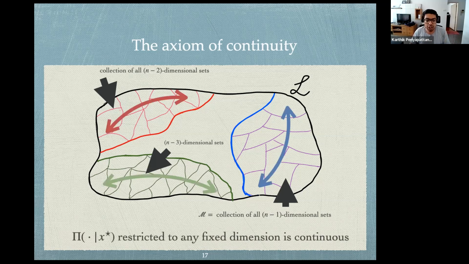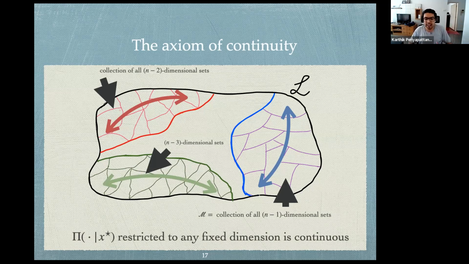If you restrict your projection rule, which is now a mapping, to any given collection of the sets of a particular dimension, in that collection it is continuous. Continuity is defined in the usual way. There are matrices which are converging to some other matrix. It's the usual Euclidean topology that is imposed on each row of the matrix.